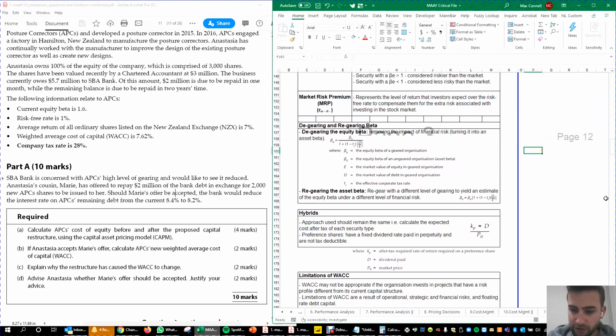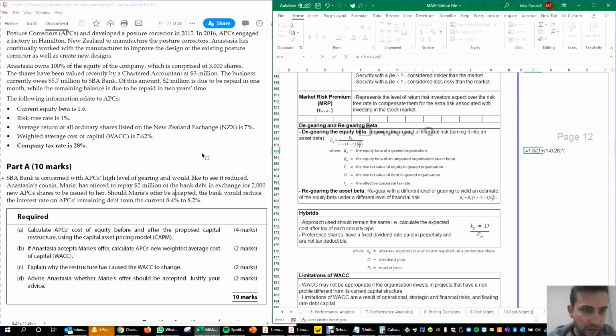Okay, so the beta is equal to 1.6, which is from the question, divide by, in brackets, 1, which is in the formula, plus another bracket, 1 minus TC, which is the tax rate. From the question, that's 28%, so 0.28. And then timesing that by debt over equity.